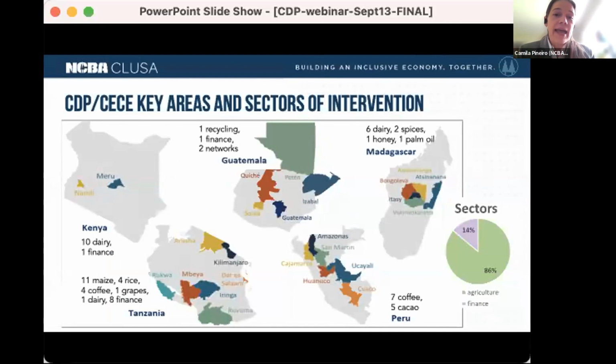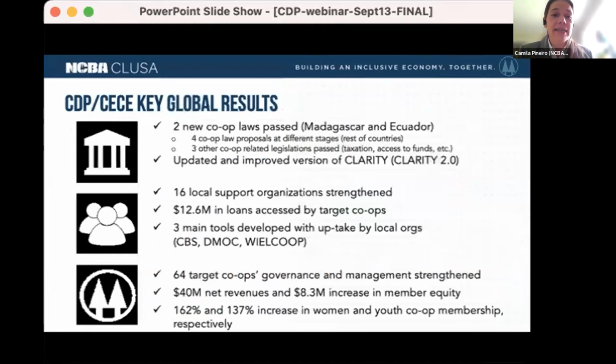I just wanted to share some of the main results. As you can see, working in so many places and so many topics, there is a lot to share. I just wanted to congratulate our teams in Madagascar and Ecuador, because there we were able to have the 2 cooperative law proposals passed into legislation. That was huge work in Madagascar for many years.